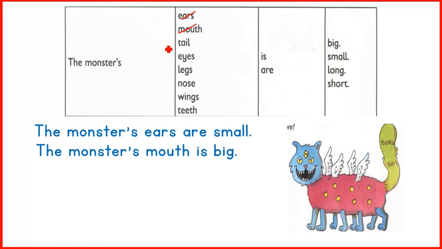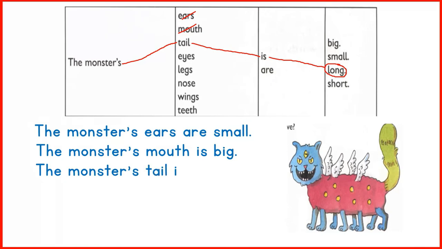The monster's tail is long, very long. Yes, the monster's tail is long. We choose this word. Now make the sentence. The monster's tail is long.